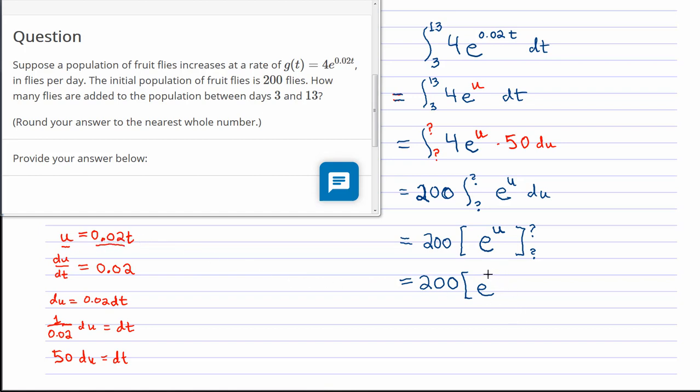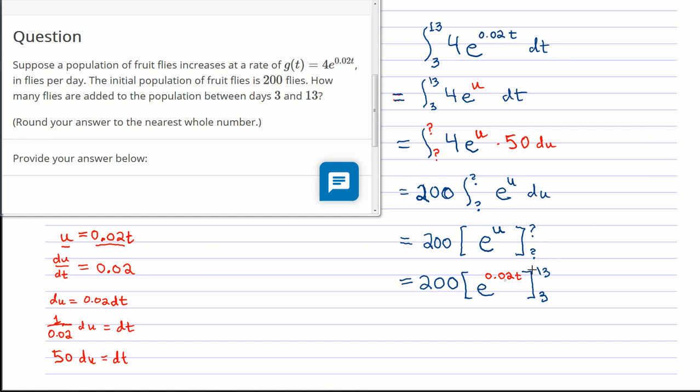So I can replace the u by 0.02 times t. And now that I have the t's back, then the 3 and the 13 can come back as well. I've left the world of u's, and I'm now back in the world of t's. Okay, and now we're pretty much done.